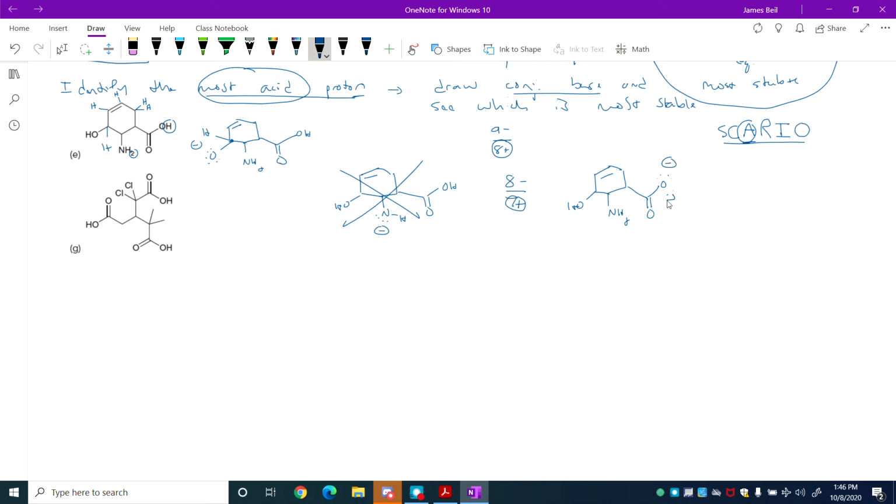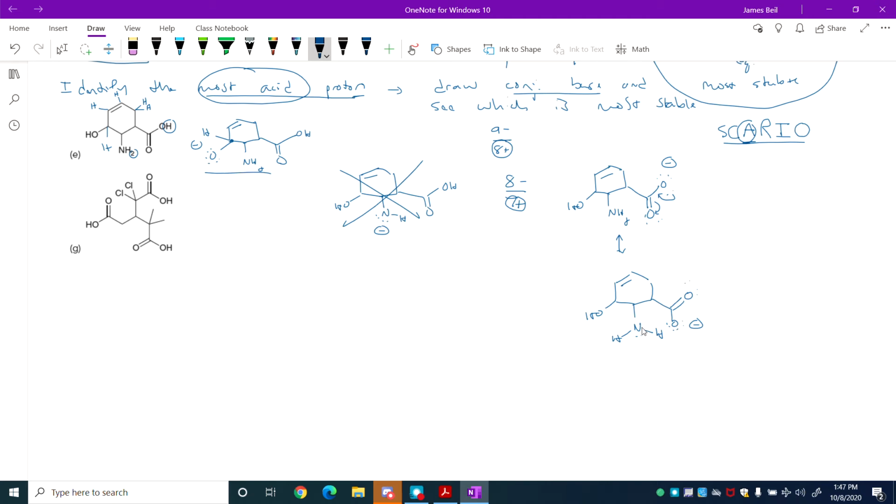This oxygen can shift electrons in here and move them over here. And since there would be 2 resonance contributors, in reality, the true structure would have only half a negative on each oxygen, so that would be much more stable than putting a full negative on an oxygen here.